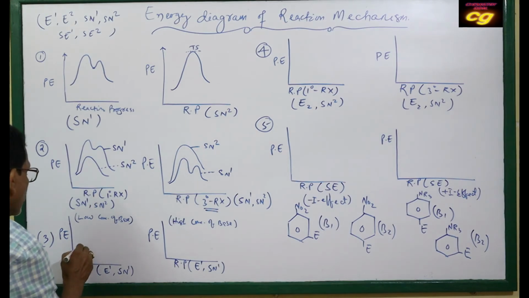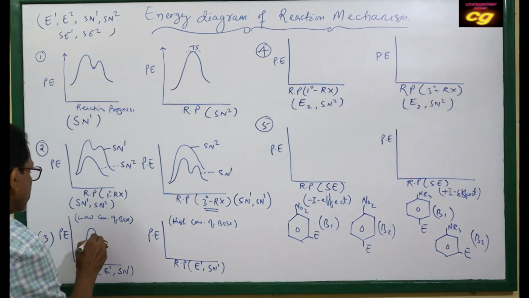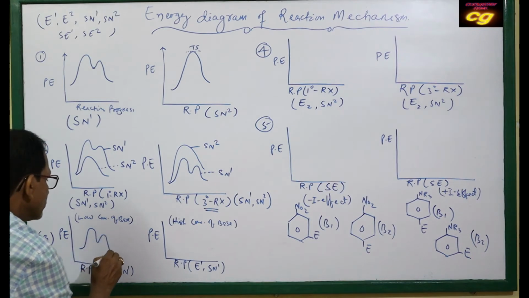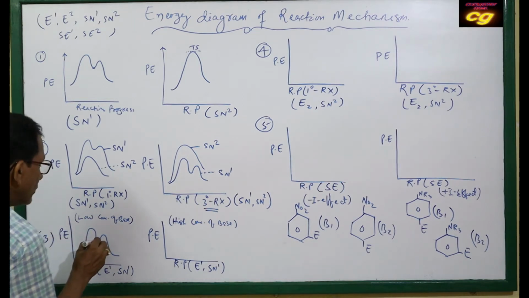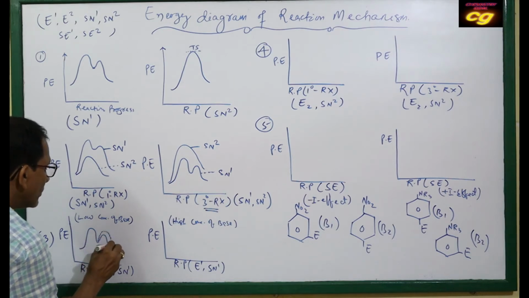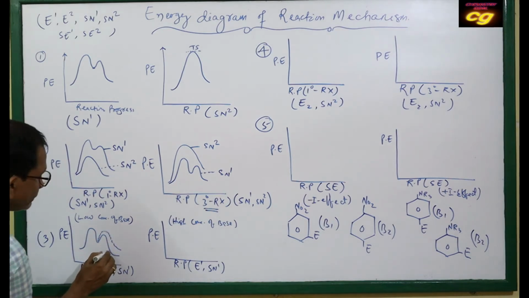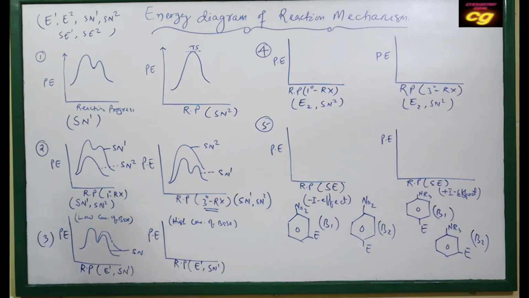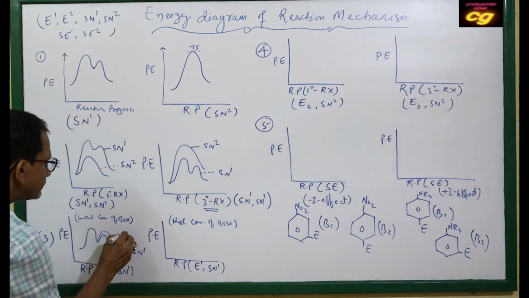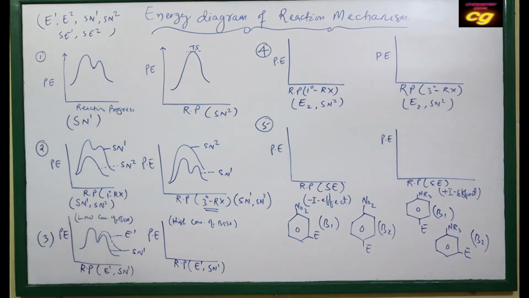If you draw the diagram, as low concentration means SN1 is preferred, this is your SN1, and this is your E1. This is the difference.